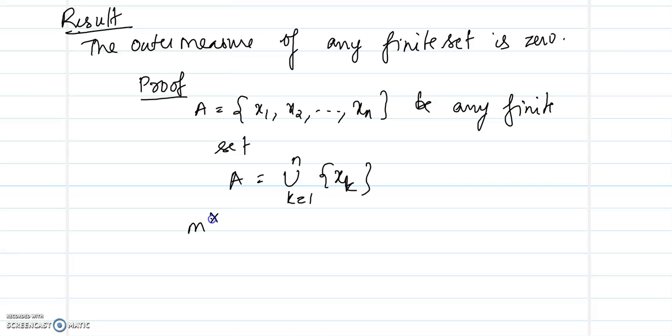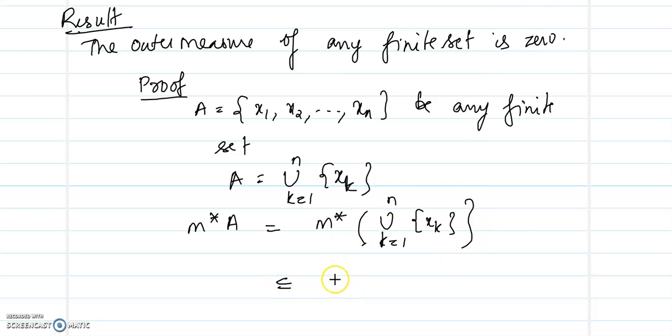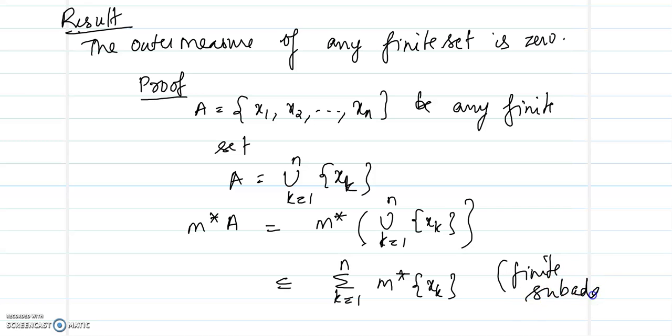So therefore n star of A will be equal to n star of the union k equal to 1 to n of all the singleton sets xk. Now by finite subadditivity, this will be less than or equal to summation k equal to 1 to n of n star of each xk.